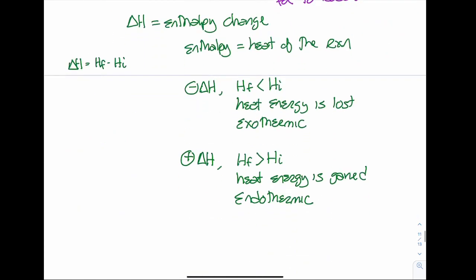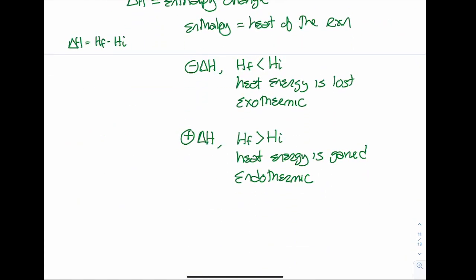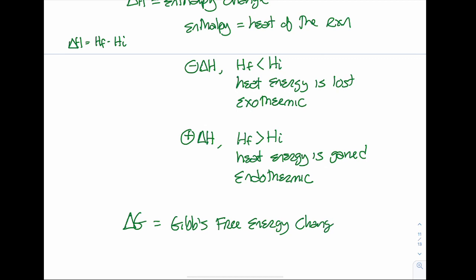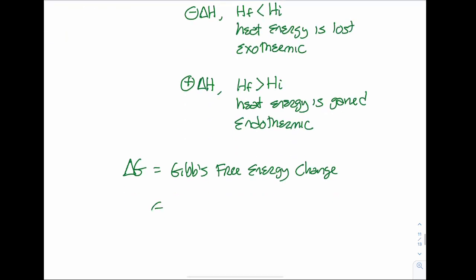So if we're going to look at it in terms of delta G, my Gibbs free energy change, remember that if I have a negative value for delta G, what does that mean for my reaction? Do you guys remember for 152? Yeah, hopefully you're remembering a little bit about this. It means that it's a spontaneous reaction.